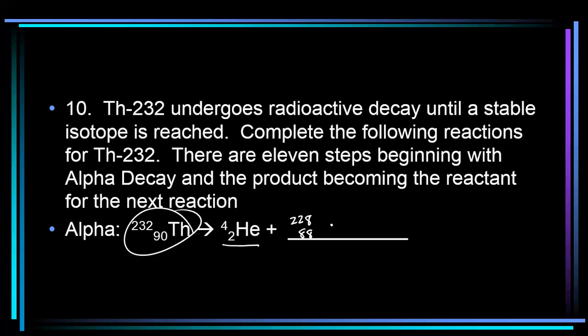So the first element you become is radium. Now you need to remember 228, 88 radium because we need it right here. That's who she has become now, and at some point she will emit a beta particle.